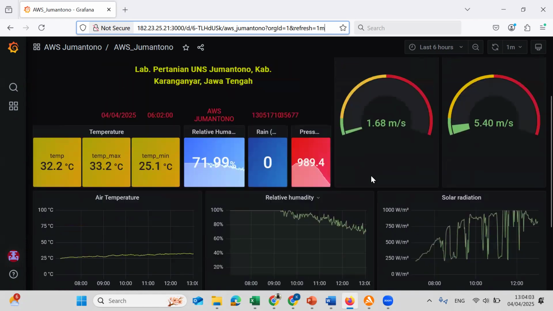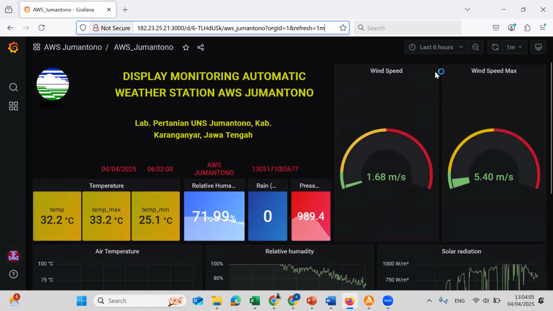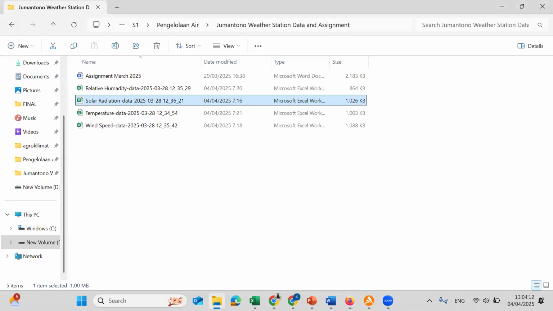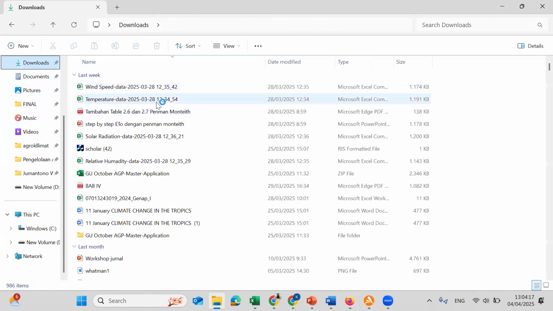So from this information, I downloaded the data. I downloaded it on 28th March.